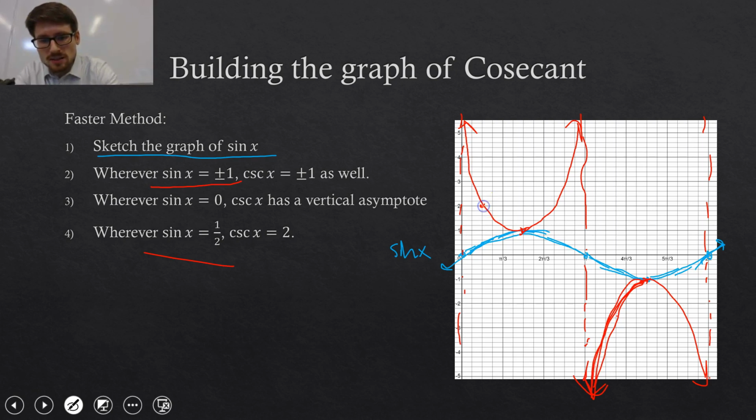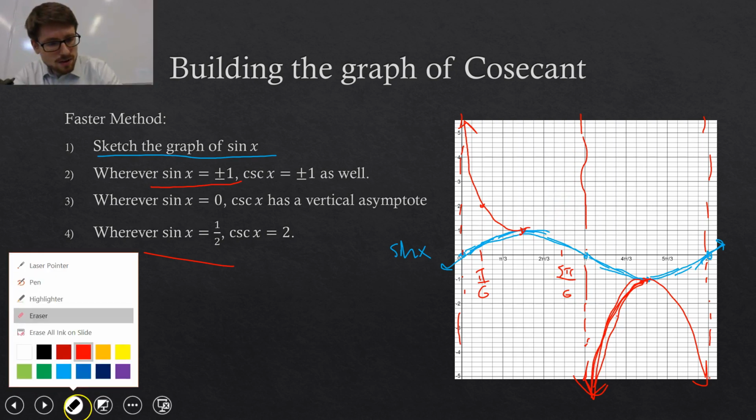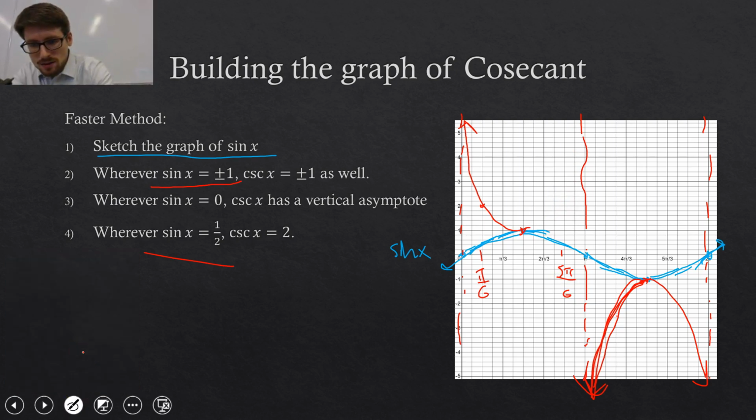So pi over 6, 2. That's right here. Pi over 6. And this guy right here, which is 5 pi over 6. Those are actually nice values to get in there as well. Let's go ahead and do that. 5 pi over 6. That's at 2 right here. And then at 7 pi over 6, which is here, and at 11 pi over 6.